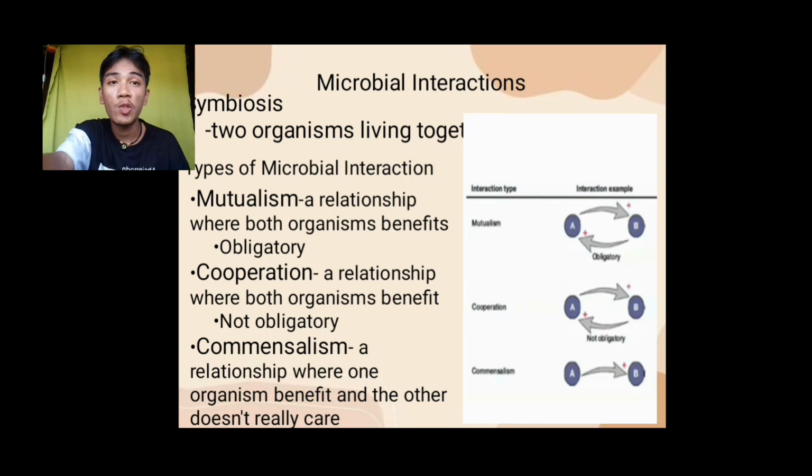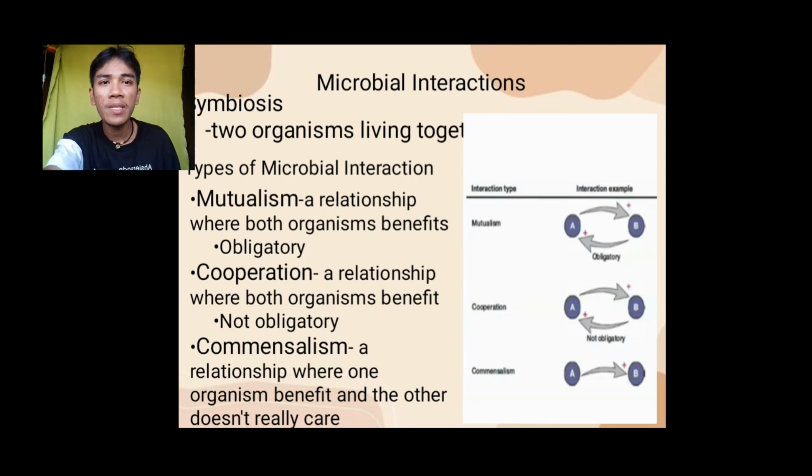And the next one, the types of microbial interactions, is the cooperation. It is a relationship where both organisms benefit, but not obligatory. Kumbaga, they both benefit with each other, but not like the mutualism, because mutualism is obligatory, while the cooperation is not obligatory.